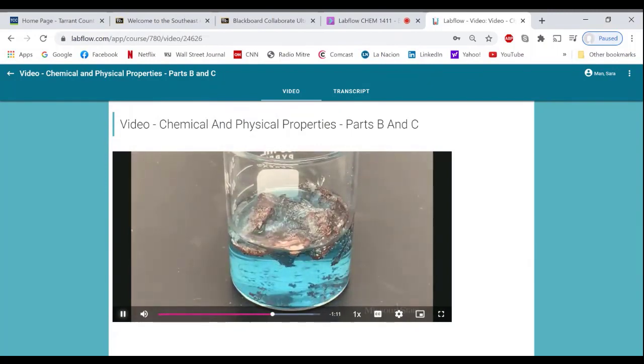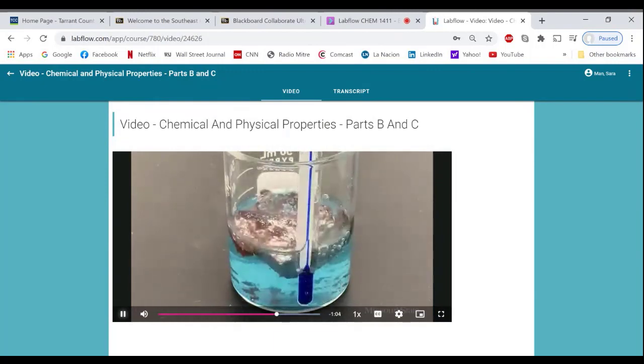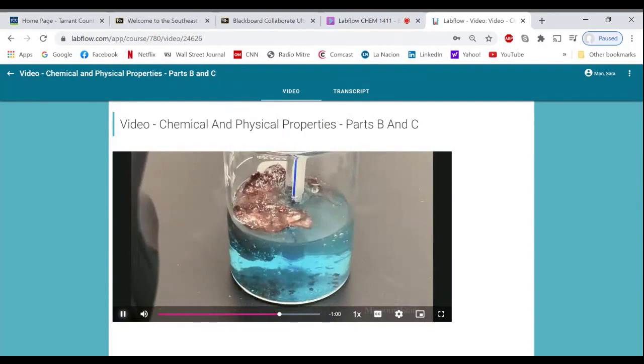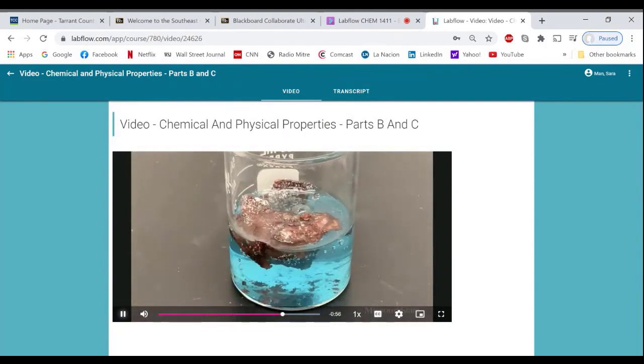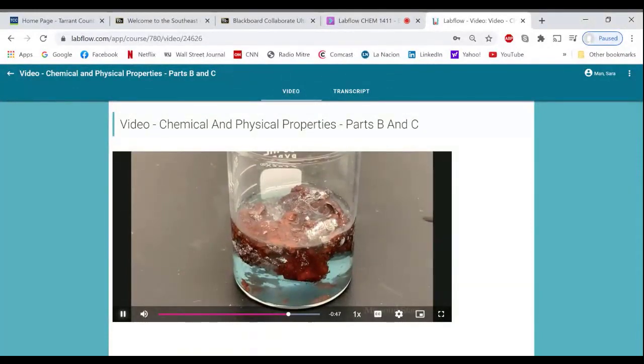Look at the surface of the aluminum. Is it the same color, or is it darker? It looks darker. And then what else is happening? She has a thermometer inside. Look at the color. Okay, so we are observing that the color of the aluminum foil is changing. What else? Look at the solution.